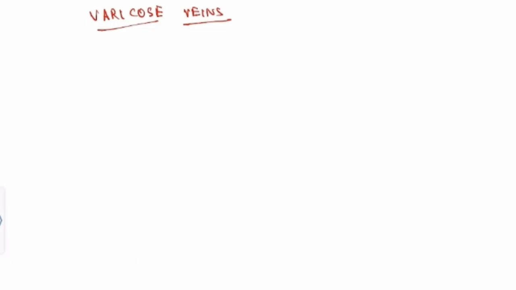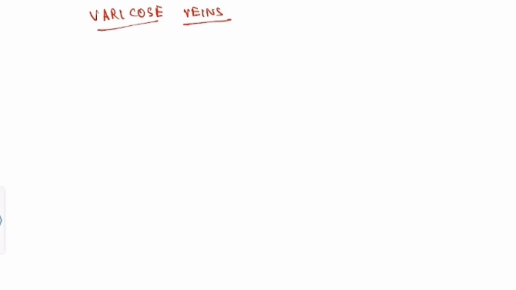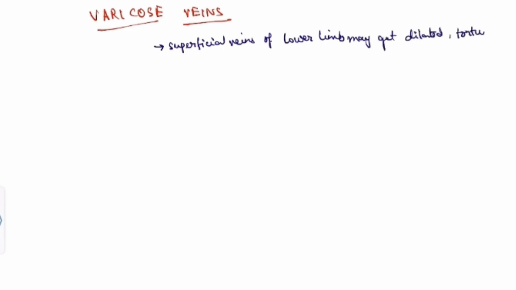So now we're going to study the applied anatomy topic of the varicose veins. What are varicose veins? Superficial veins of the lower limb may get dilated and become varicose.